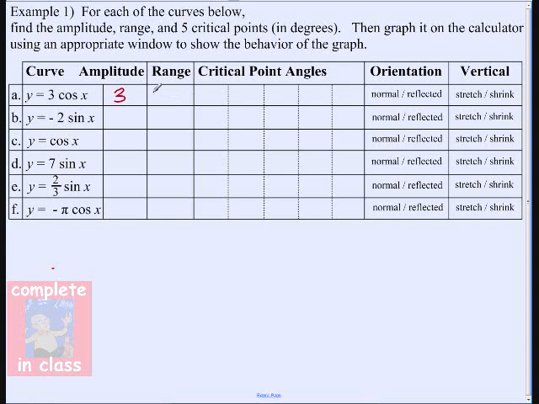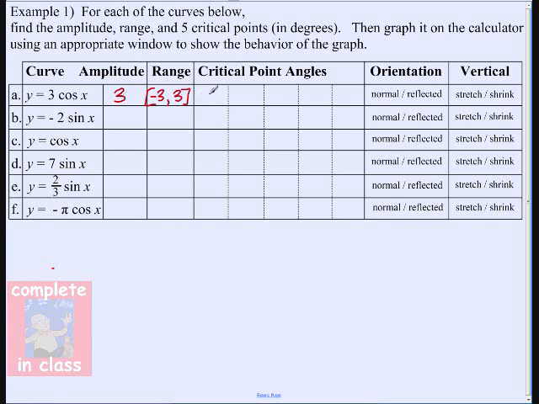The range would be from negative 3 to positive 3. The critical point angles would be, now remember what we're thinking of here, the start of the cycle to the end. Let's do where it starts.